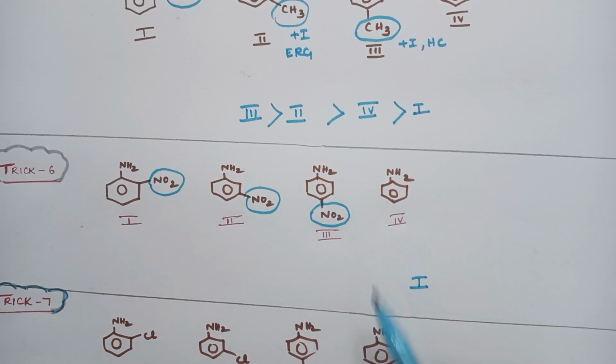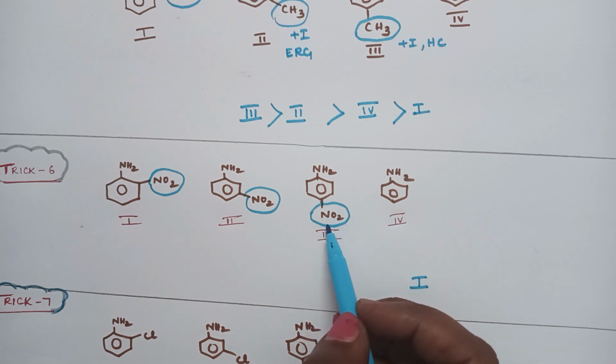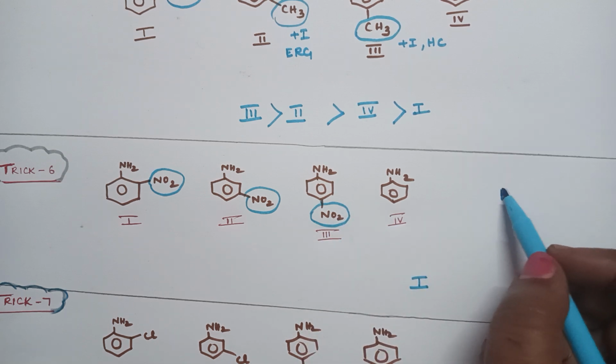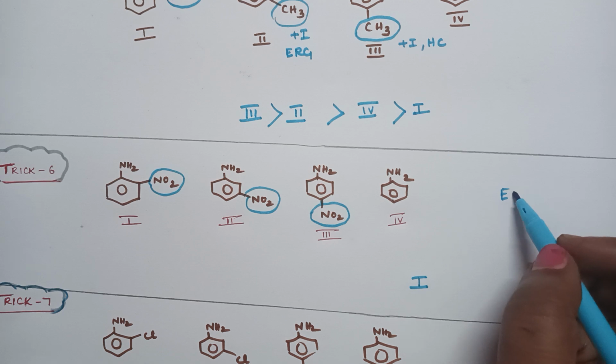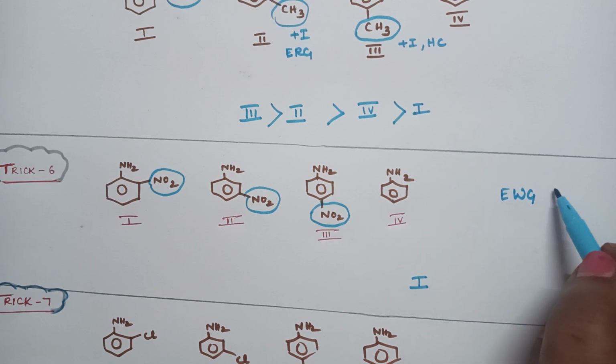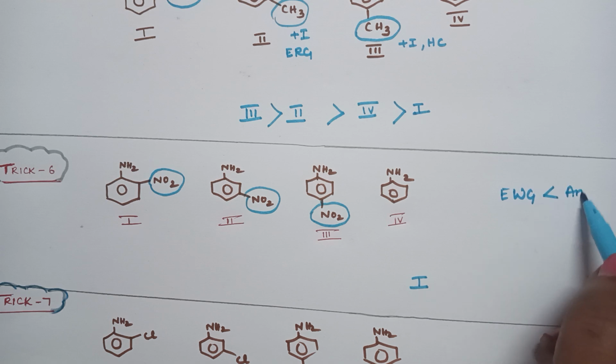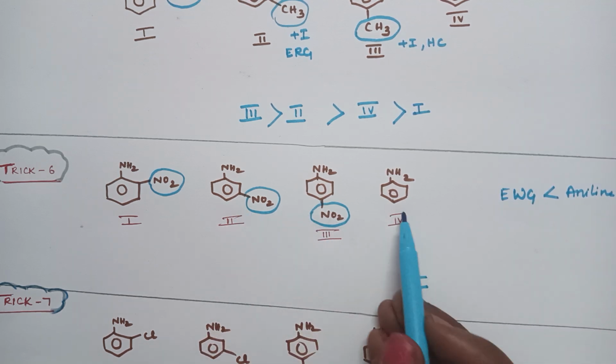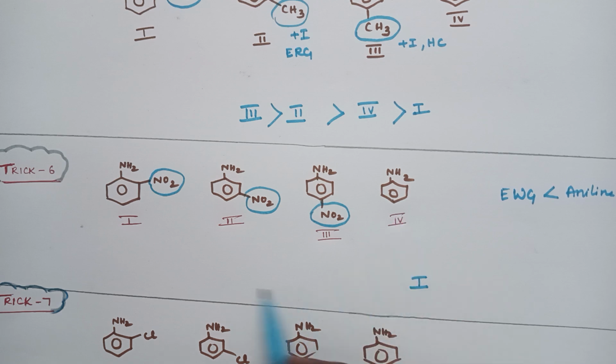Now we will compare these three structures. This is an electron releasing group, and this is an electron withdrawing group. If an electron withdrawing group is present, it will be less basic than aniline. So these two will be less basic than aniline. So this will come in the first position.